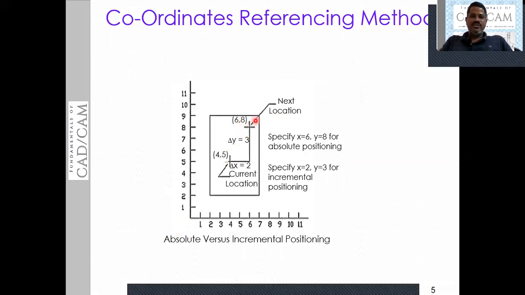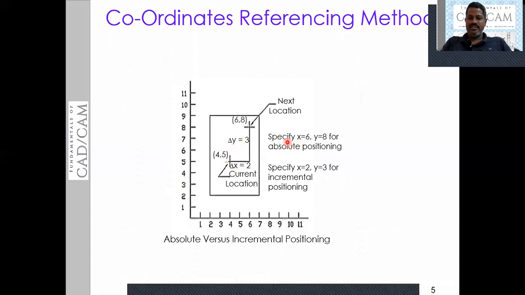If your next location coordinates are with respect to the origin, then it is called the absolute position. As I said just now, the next location is in no way considered or concerned with the current location. Irrespective of this location, we are providing the next location. That is called absolute positioning. So this next location is with respect to the origin, not with respect to the previous or the current location. Okay, so this is called the absolute position.